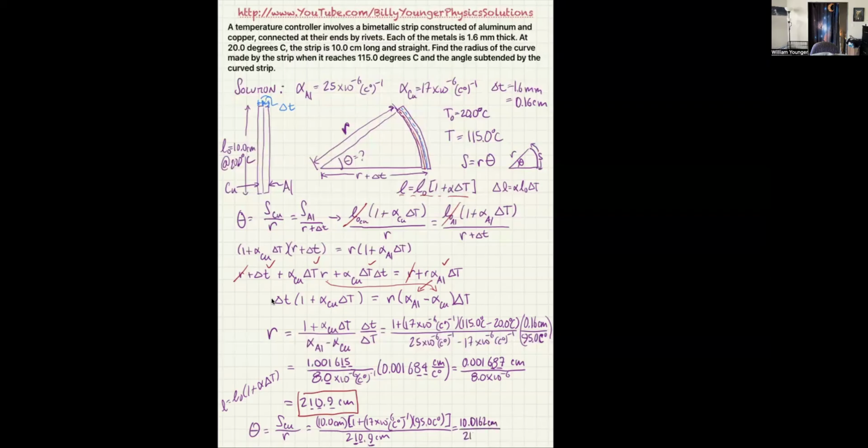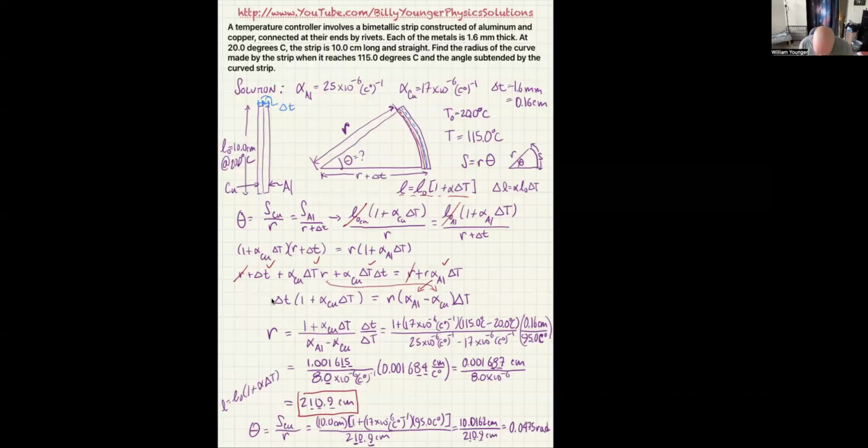Over 210.9 centimeters. So I'm going to divide this by 210.9, and that gives me 0.4, oh, excuse me, 0.04, 0.0475 radians.